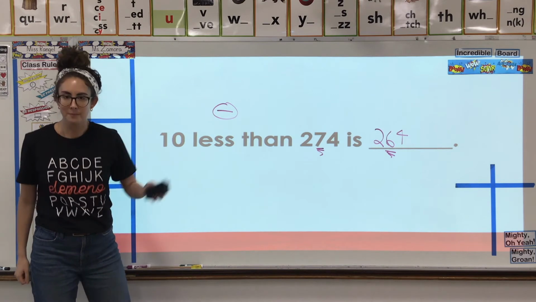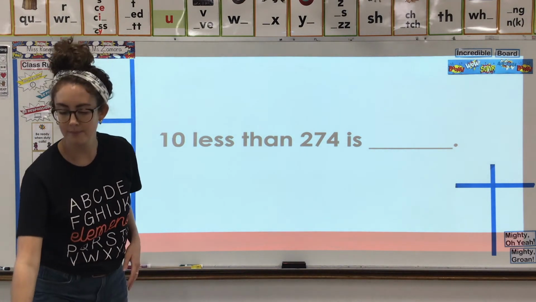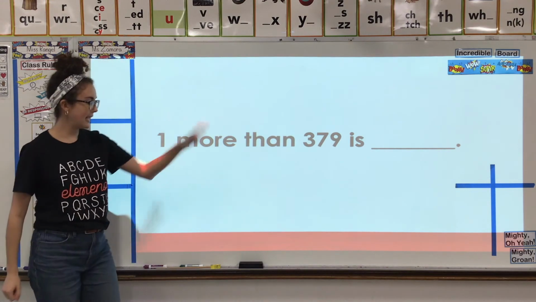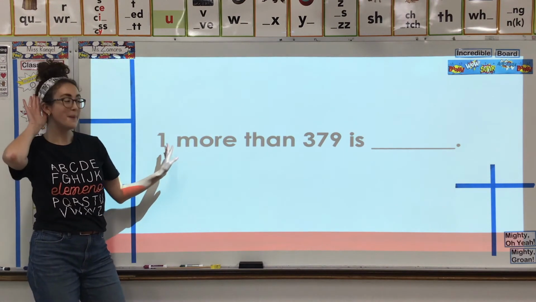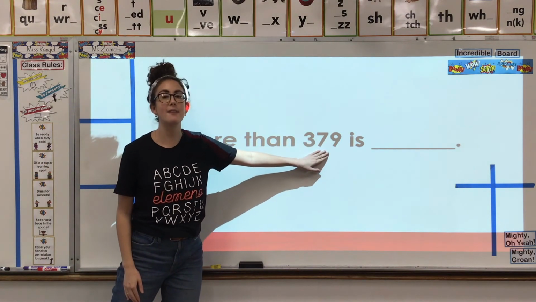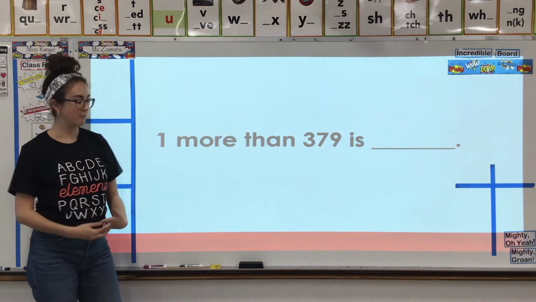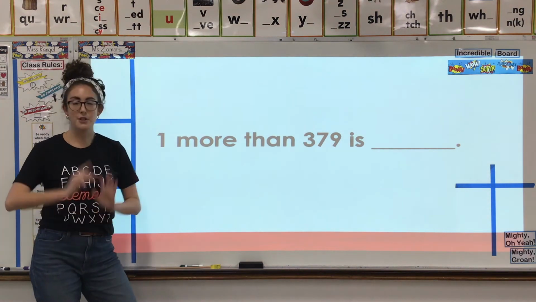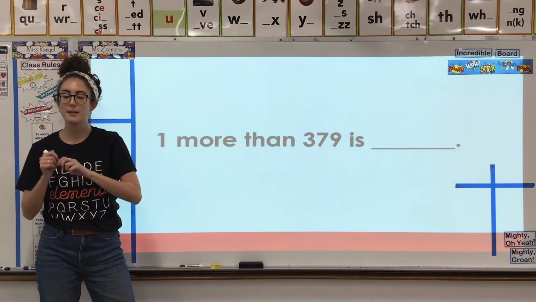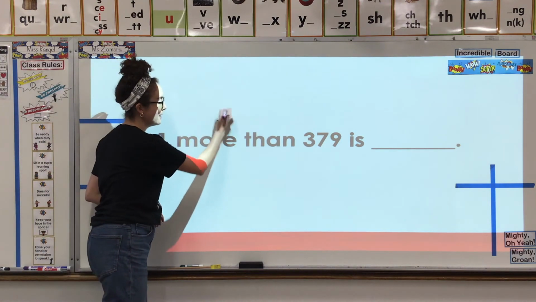Okay, reset your board. Ready? Clean board. Dun-dun-dun. It says 1 more than 379 is blank. Okay, are we being asked to add or subtract? We're being asked to add more than.